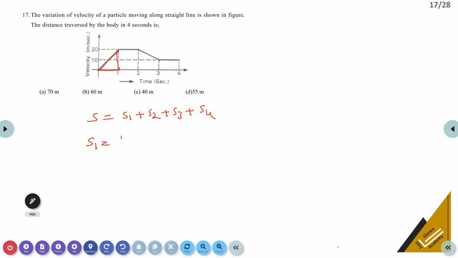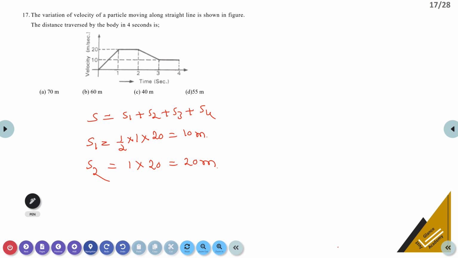S1 equal to area of the triangle, 1 by 2 into 1 into 20, equal to 10 meter. First one. Next, S2 means this part. It is the area of a rectangle. S2 equal to, this is 1, height is 20, equal to 20 meter. Okay, fine.